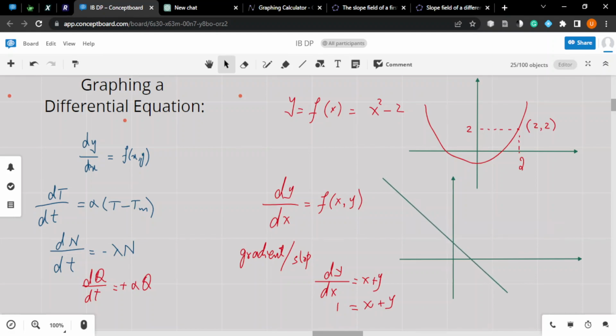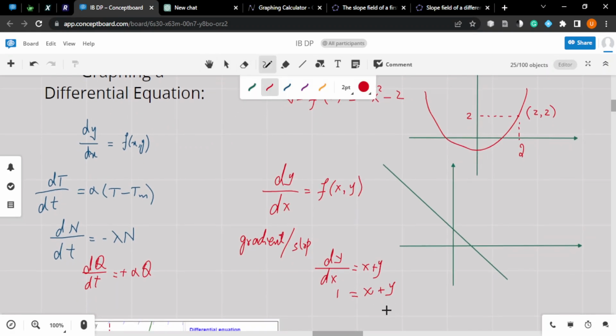So this represents a straight line with a negative gradient, or let us write it, y is equal to minus x plus 1. Now this is a straight line which passes through y equal to 1 with the gradient minus 1. Over here the derivative is 1. It means if we plot all the derivatives at all the points on this line, these derivatives are 1.